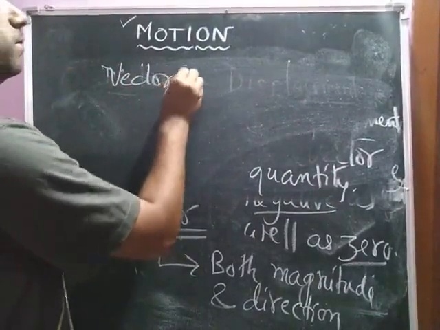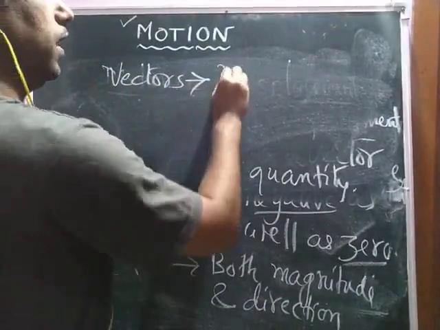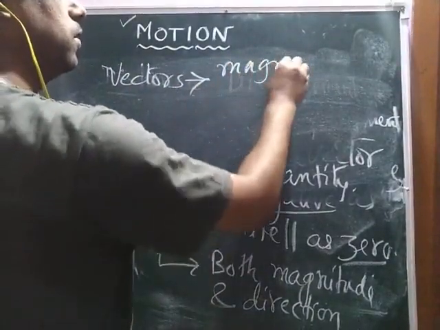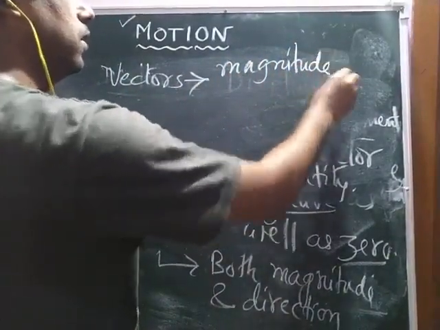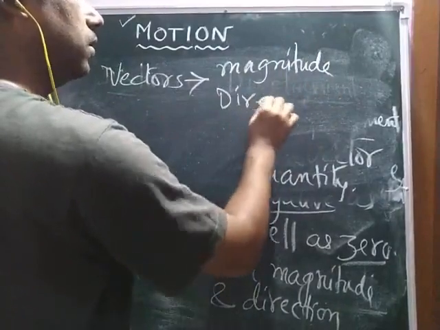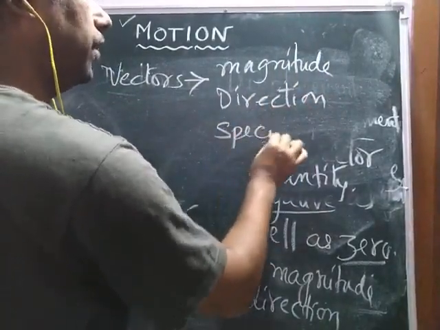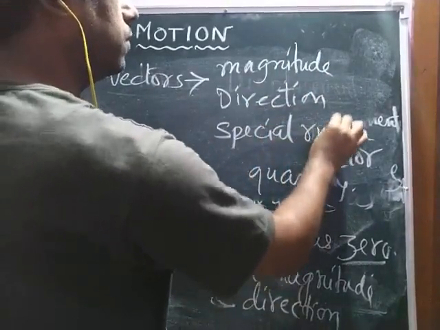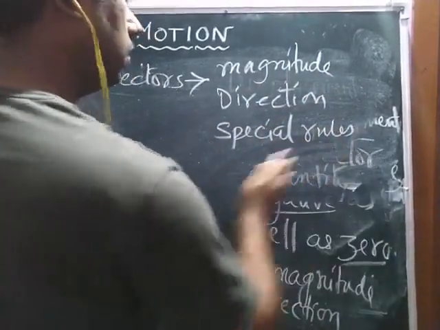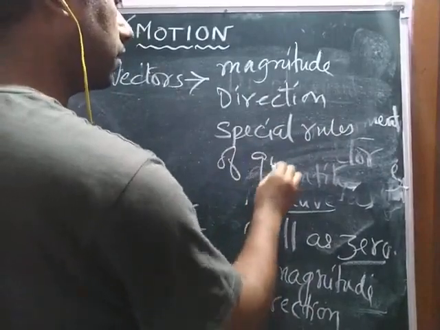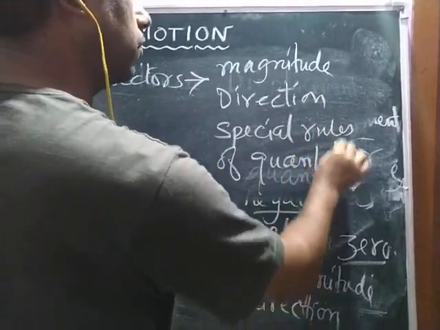Vectors have magnitude, they have direction, and follow special rules of addition. Such quantities are known as vector quantities.